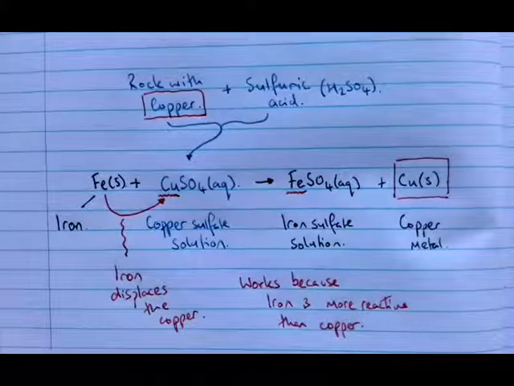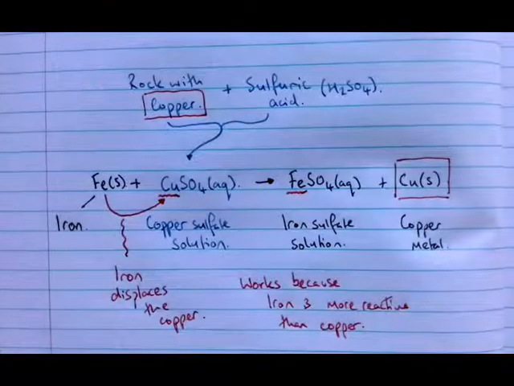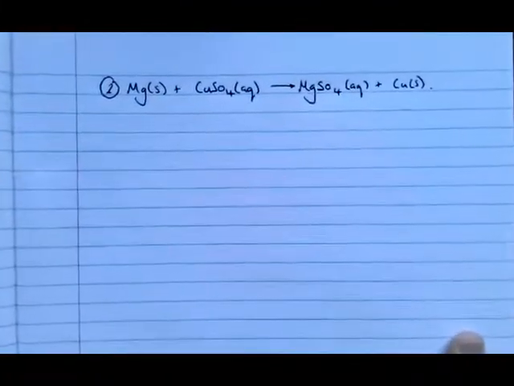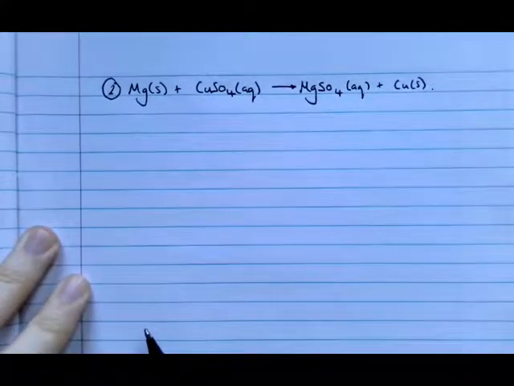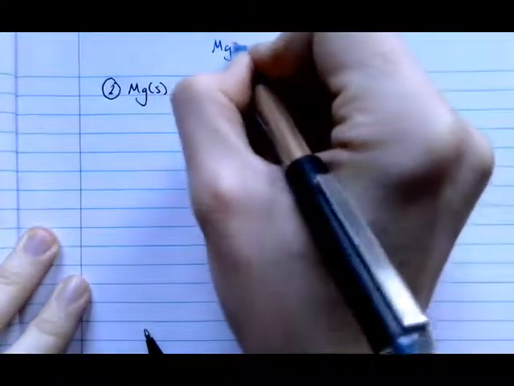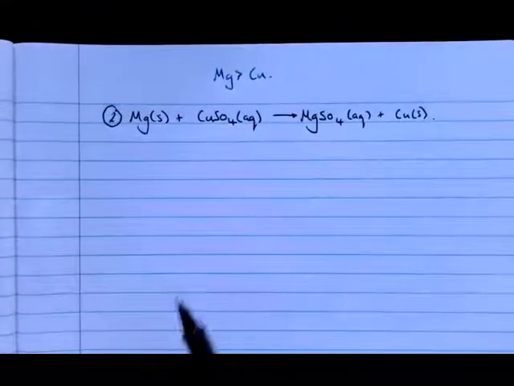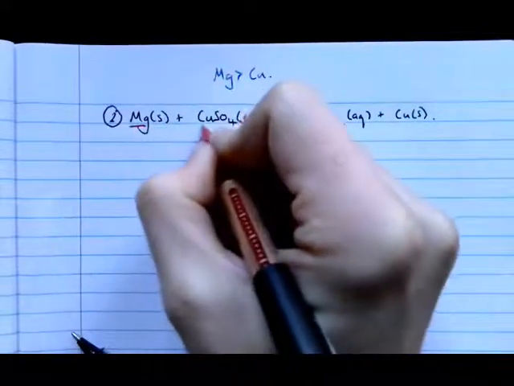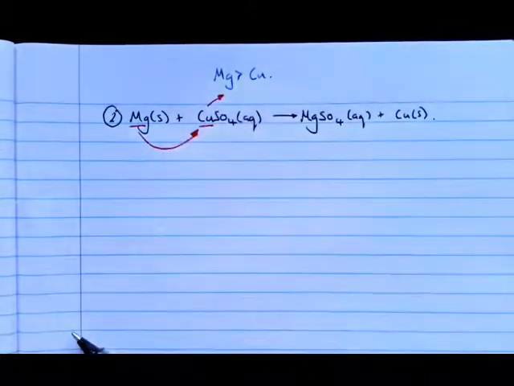Okay, excellent. So let's have a go at another one. We can call this our first example. So I've got another example over here. I know that magnesium is more reactive than copper. So if I've got a solution of copper sulfate, the magnesium is going to displace the copper from the copper sulfate.